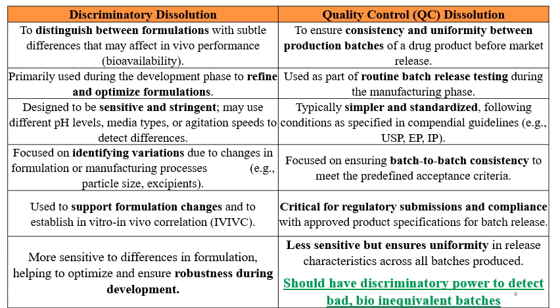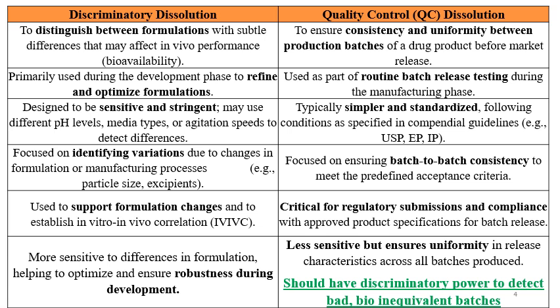While QC dissolution method and testing is focused on ensuring batch-to-batch consistency to meet the predefined acceptance criteria of the finished product testing. Discriminatory dissolution is used to support formulation changes and to establish in vitro in vivo correlation, that is IVIVC. Also, this method can be used to obtain biowaivers, while QC testing is critical for regulatory submissions and compliance with approved product specifications for batch release.